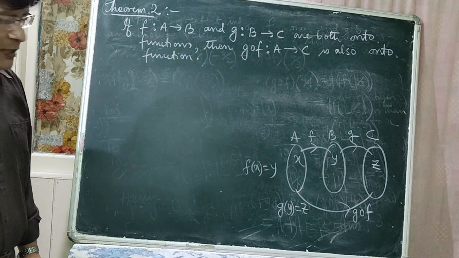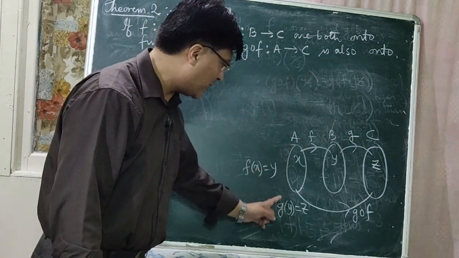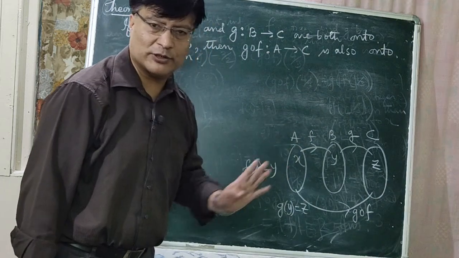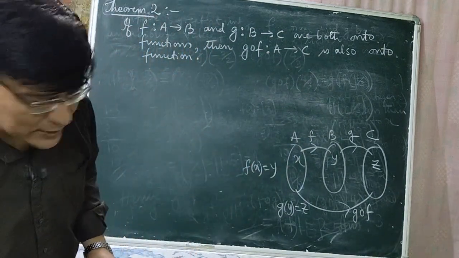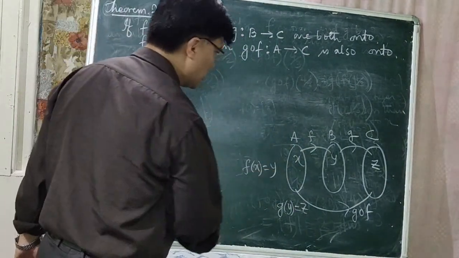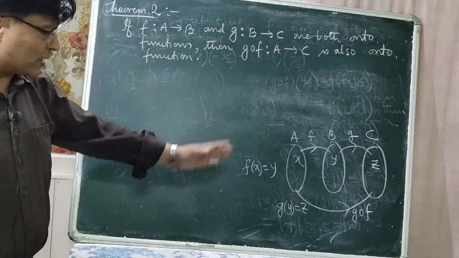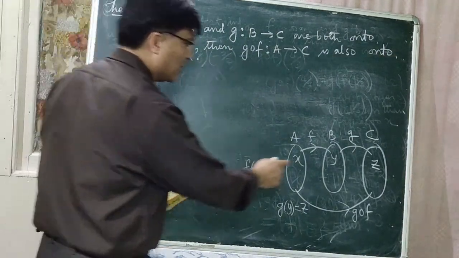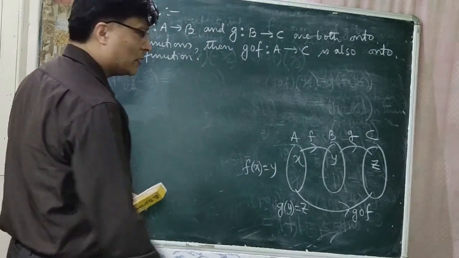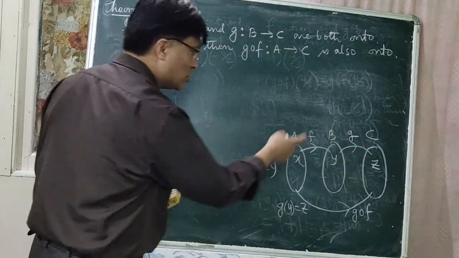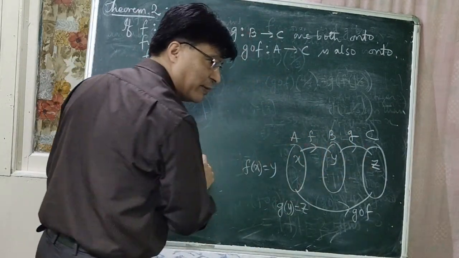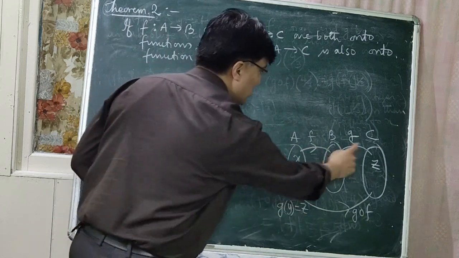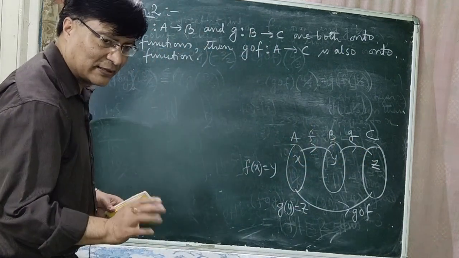So f of x is equal to y and g of y is equal to z. Okay, so we will write down here now. Z belongs to the set C. Since g is an onto function, there exists y belongs to the set B such that g of y is equal to z. Is that clear?